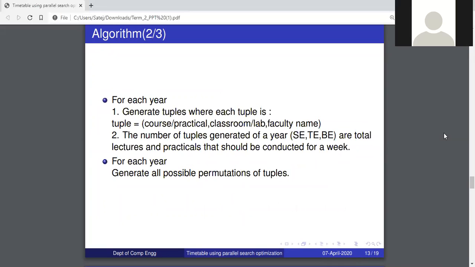The second element is the classroom or lab, and the third element is the faculty name. For each year, these tuples are generated. The number of tuples generated is equal to the number of lectures and practicals to be conducted in a week for that year. Once the tuples are generated, we generate all the possible permutations of these tuples.